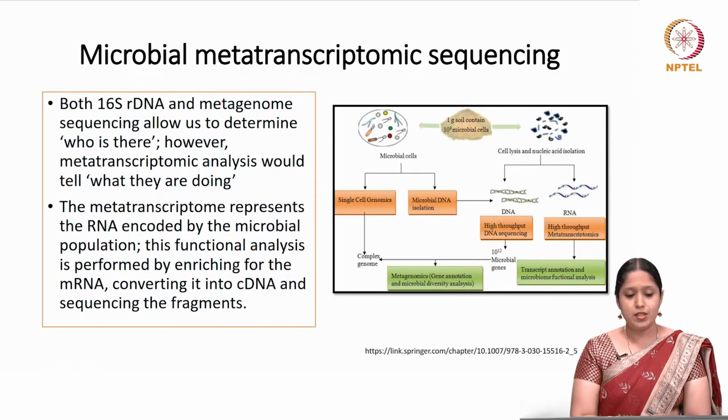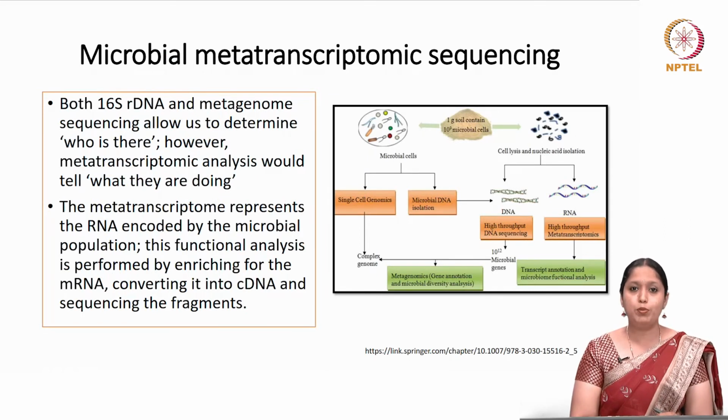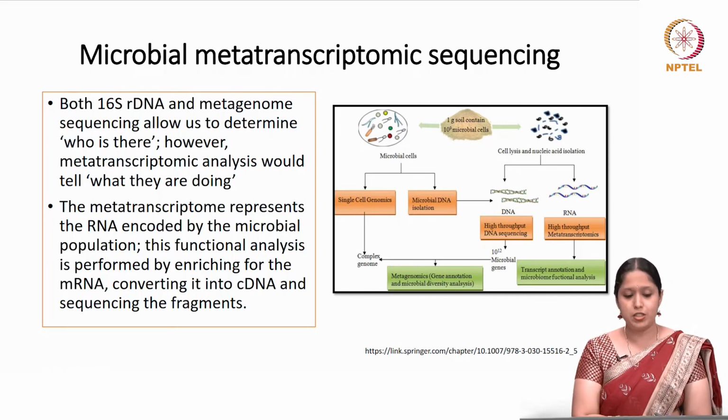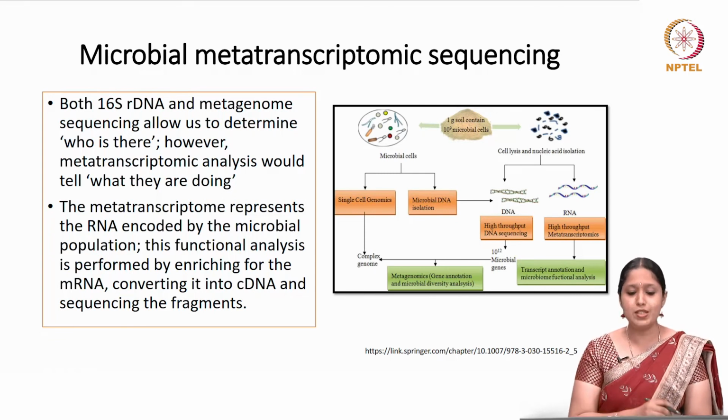The next procedure is microbial meta-transcriptomic sequencing. Both 16S rDNA and the metagenomic sequencing I mentioned before allow us to determine only who is there. But when you want to know what they are doing, that can be done with microbial meta-transcriptomic sequencing.